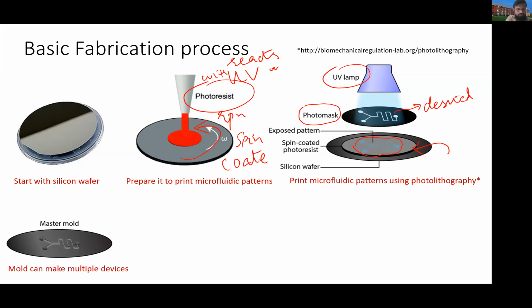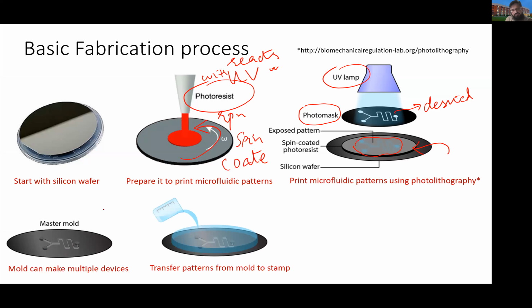A master mold is something which can be used to make multiple devices. Once we have the master mold, we put this liquid on it, which will solidify after some time with some heat. This liquid will solidify, and all the patterns on the master mold are now transferred onto this soft polymer.